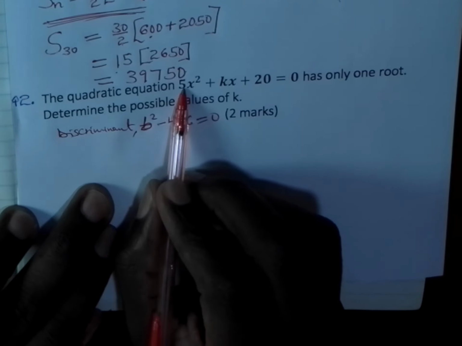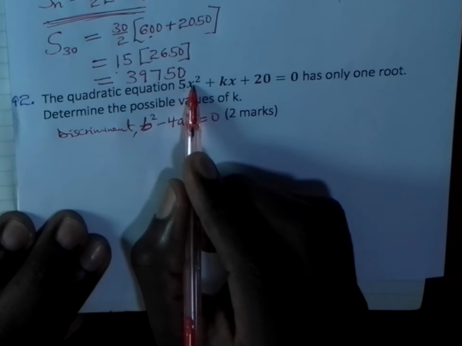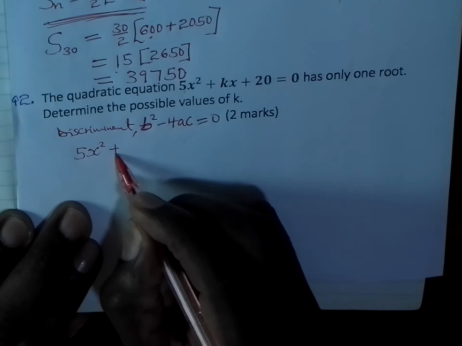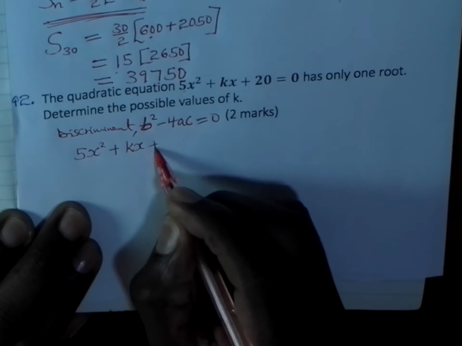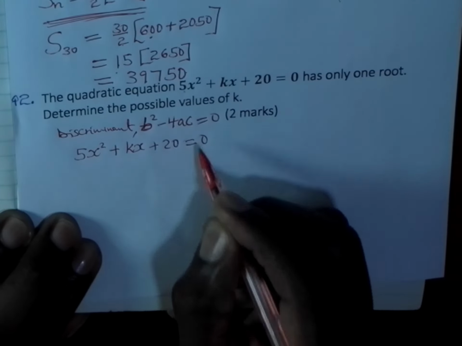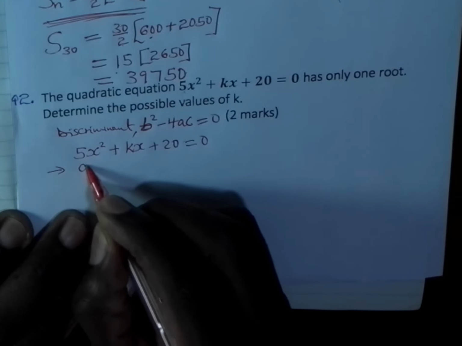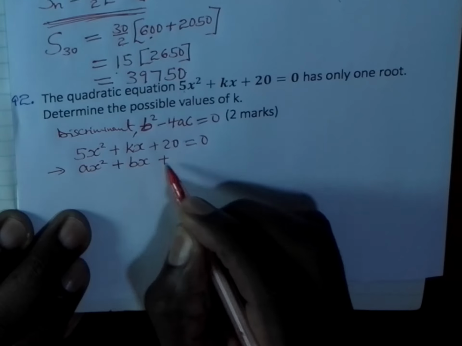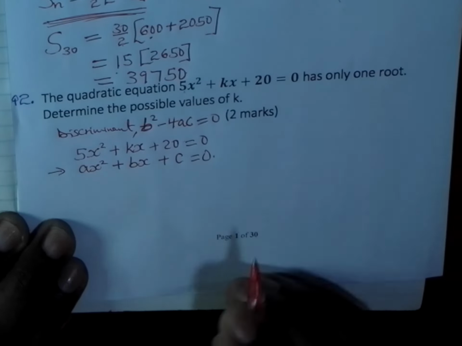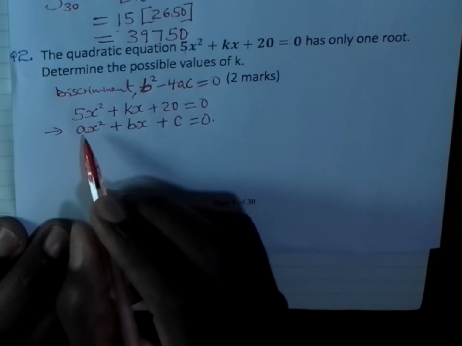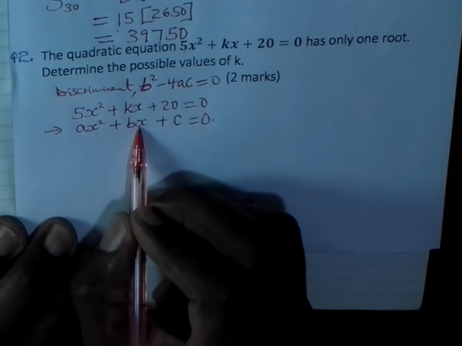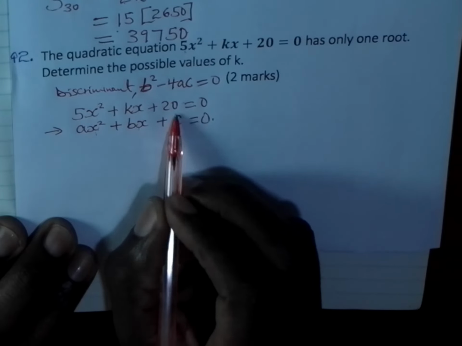And for our case here, since this equation given 5x squared plus kx plus 20 is of the form ax squared plus bx plus c is equal to 0, therefore, it means that we compare the coefficient of x squared, the coefficient of x, and also the constant term.